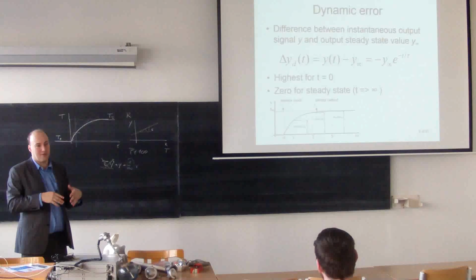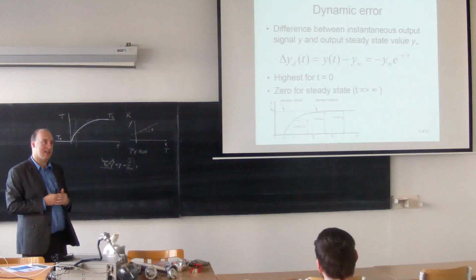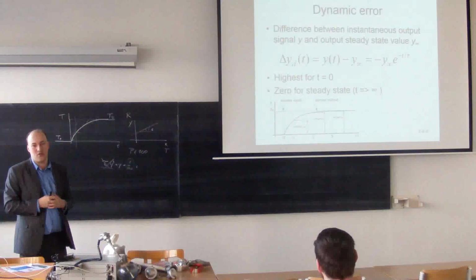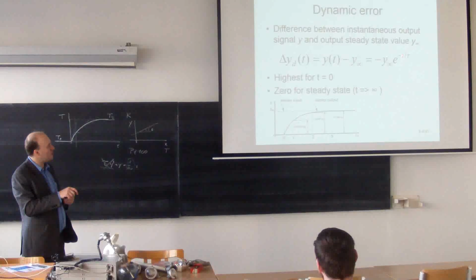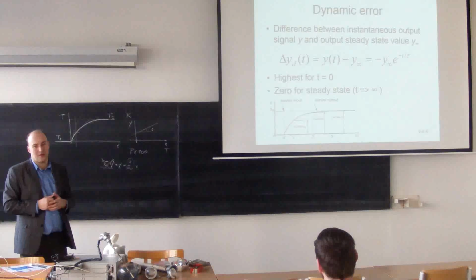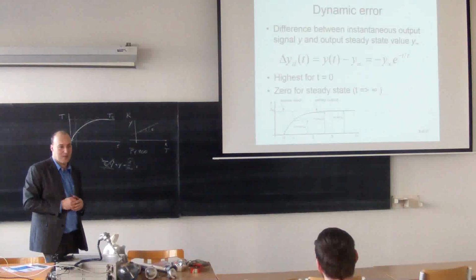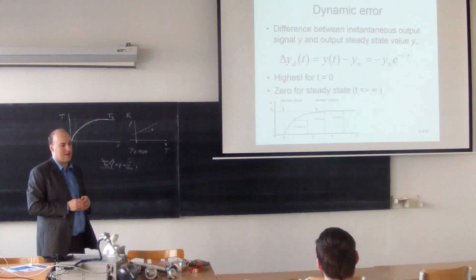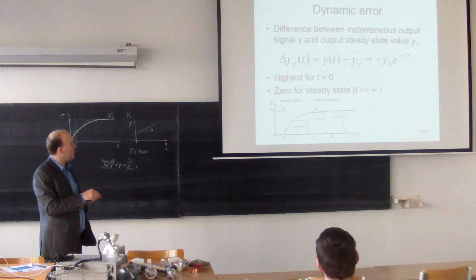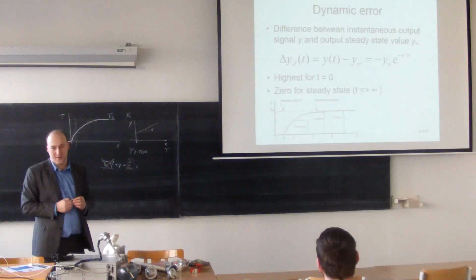In other words, how long does it take until I reach steady state? For the value of t, you need to substitute here so that this is 0. If you look for the value of t, you will find out that it's infinity.